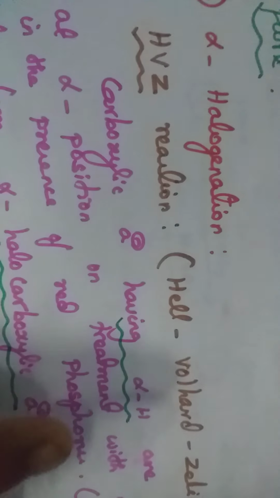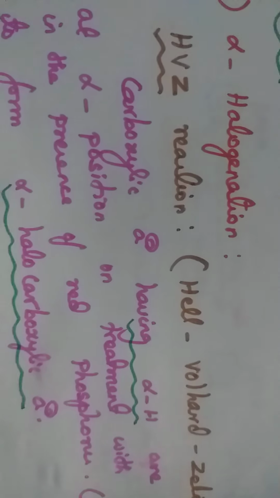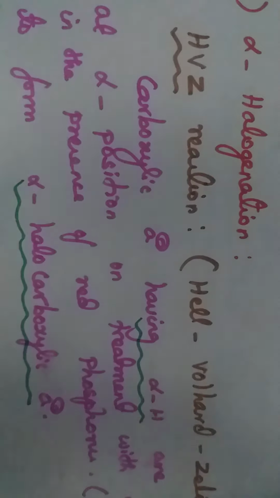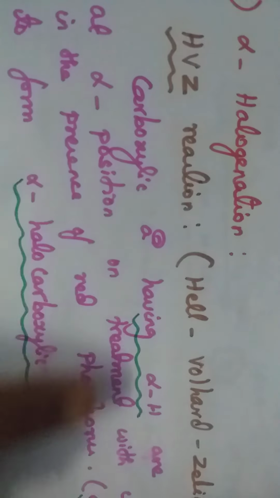The carbon next to the functional group is called the alpha position, the alpha carbon, and it is halogenated at the alpha position on treatment with chlorine or bromine in the presence of red phosphorus. The product obtained here is an alpha halo carboxylic acid.